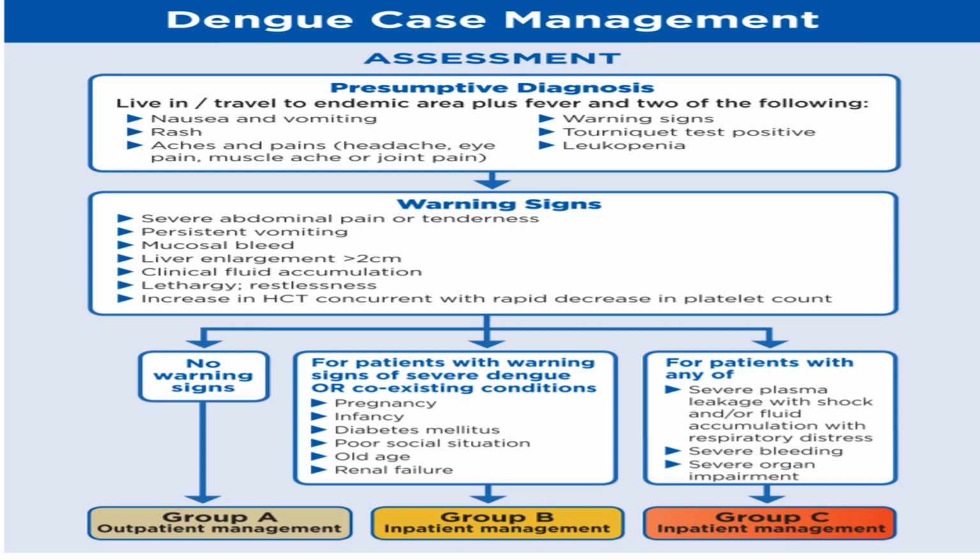So let's look at this flow chart for an easier understanding of writing the dengue case management. Well, first the assessment, based on which you come to the presumptive diagnosis.